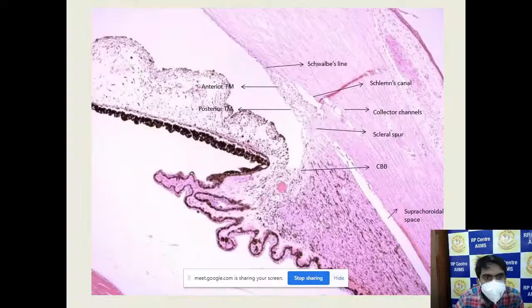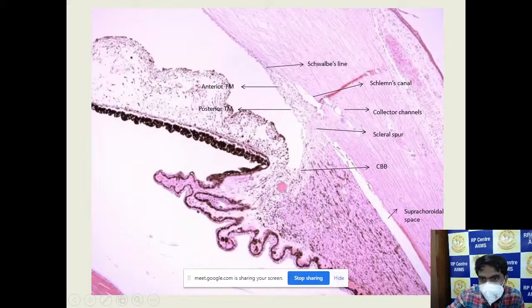Then coming to the histopathological image showing the trabecular meshwork borders, where it is limited by Schwalbe's line anteriorly. The anterior trabecular meshwork is the non-pigmented trabecular meshwork, and then the actual trabecular meshwork starts, and these trabecular spaces filter the aqueous and collect it into Schlemm's canal.